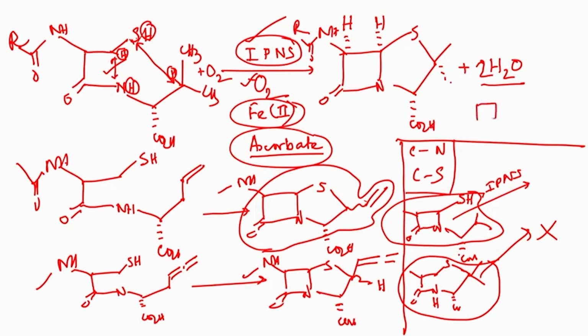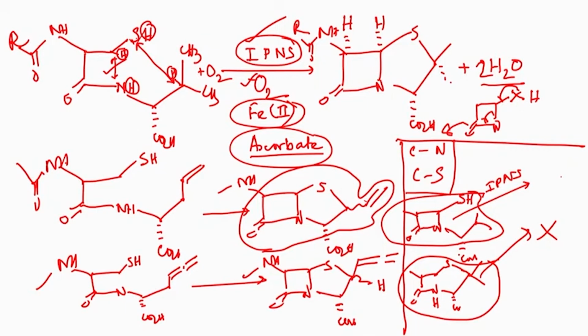Because you have a beta-lactam, you cannot have a beta-lactam where there is an XH here, because immediately the ring opening reaction will happen. So, this thiol nobody could make. That means nobody could demonstrate directly that this is the intermediate, that the carbon nitrogen bond is formed first.